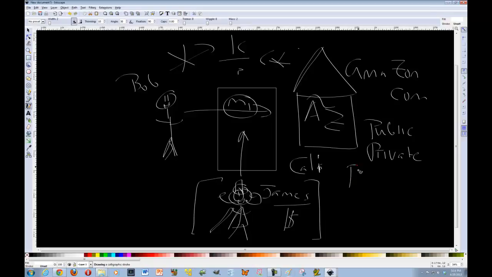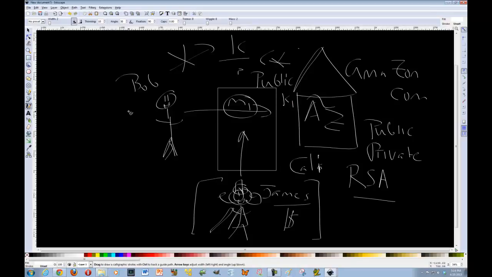The first was RSA, invented by Rivest, Shamir and Adleman. What they basically did is say, okay, we're going to have a public key that everybody in the world knows. It's public, and we're going to call that K1.